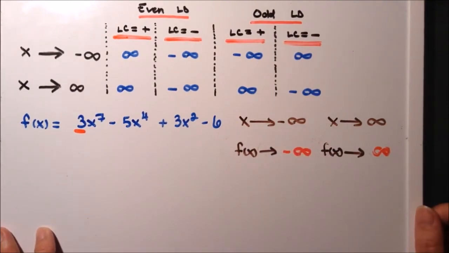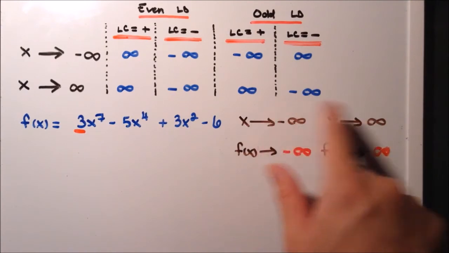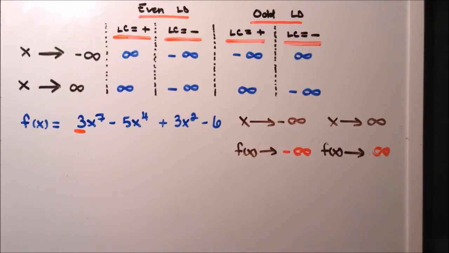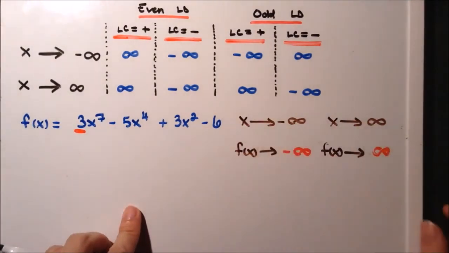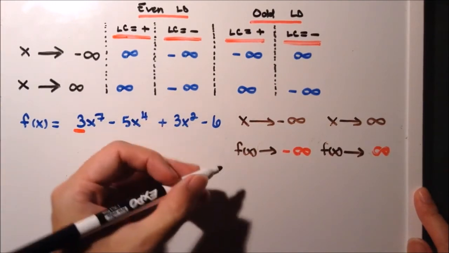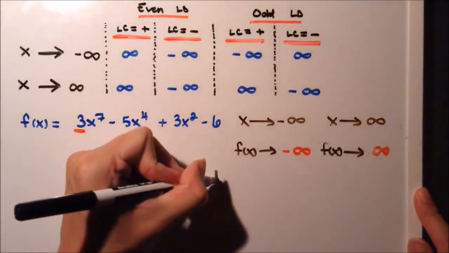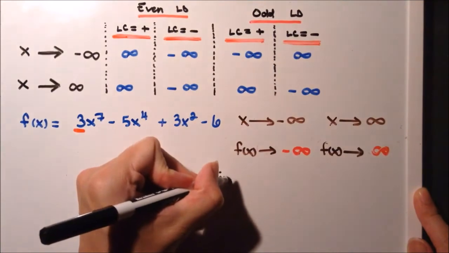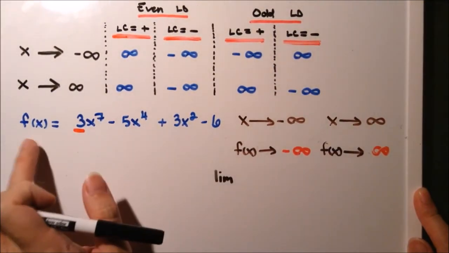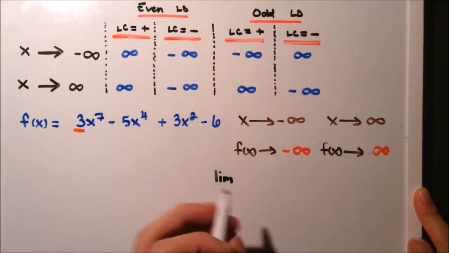Now, if I were to ask you for limit notation, well then you just mainly use this information. So let's do the limit notation for the left side. I would write the limit of f of x, because that's what it is right here, f of x.